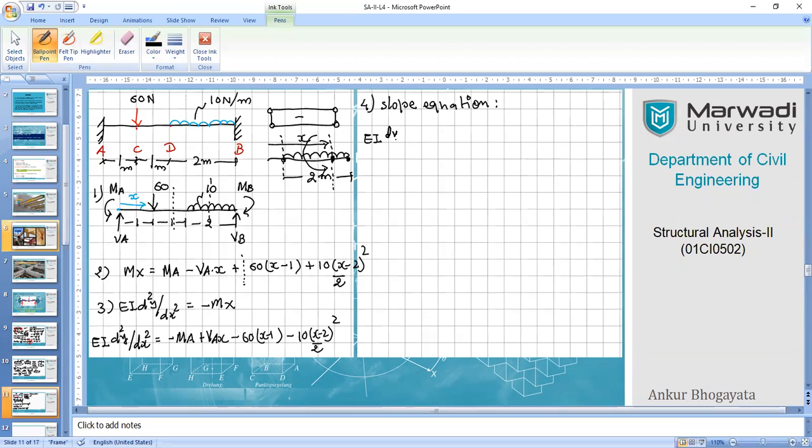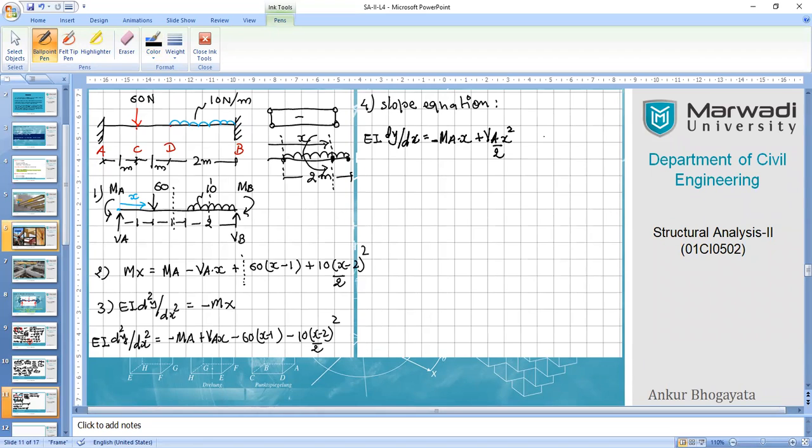So the first time you integrate this equation, it gives you the slope. So EI dy by dx equals minus MA becomes MA x plus VA. You can rearrange this term for positive start also, but it doesn't make any difference.